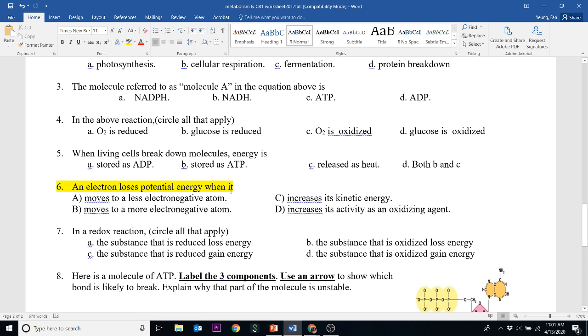It has to do with the way it travels between the different electronegativity elements. Okay, so you need to think along that way.